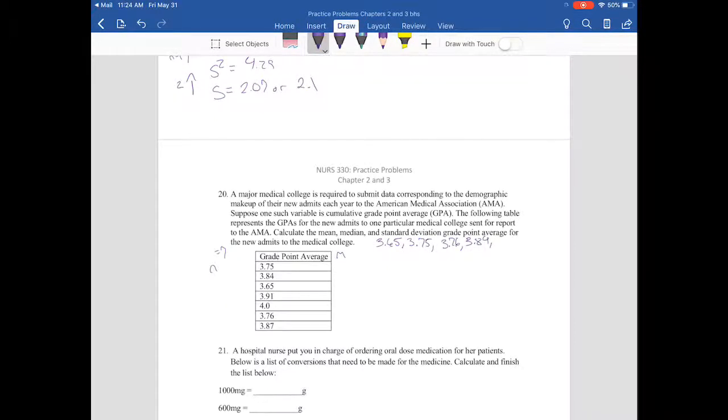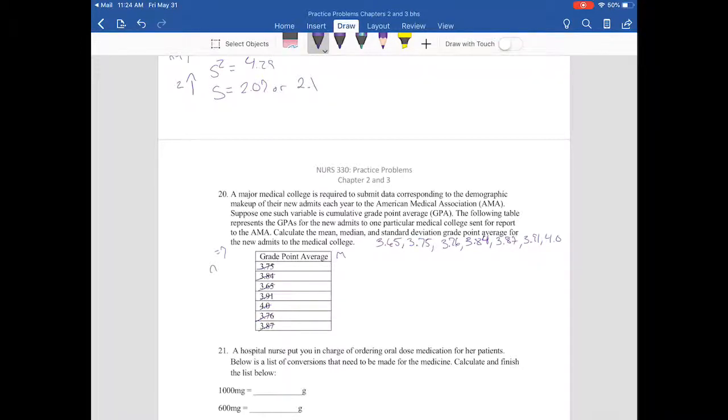Another thing to do while you're also putting values in order, this is a 4, 3.87. While you're putting these in order, it's always a great idea that as you're doing it, once you put them on a line, cross them off so you can see that you make sure you get them all.